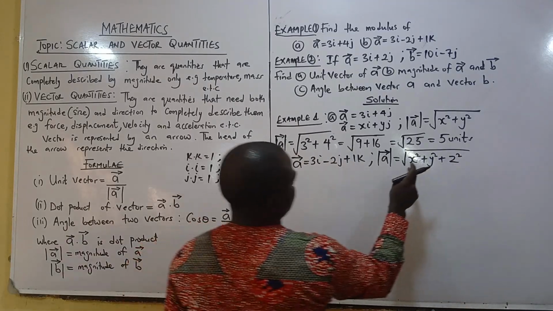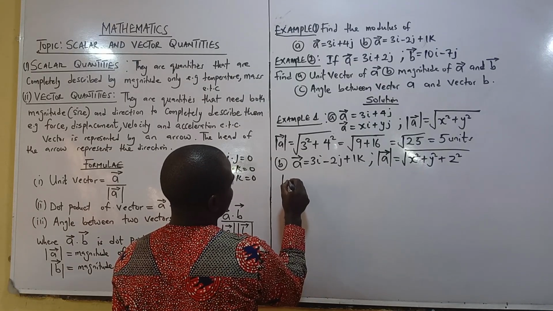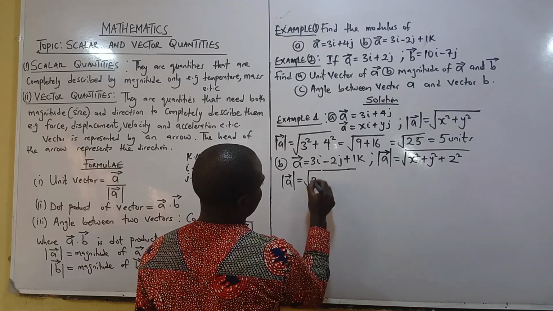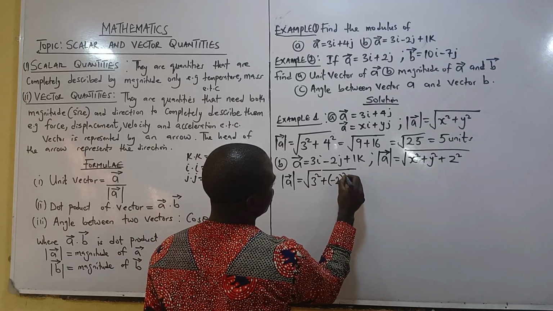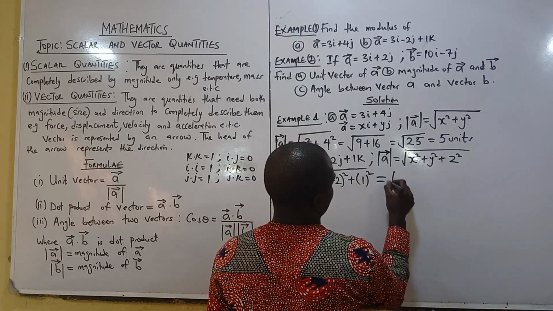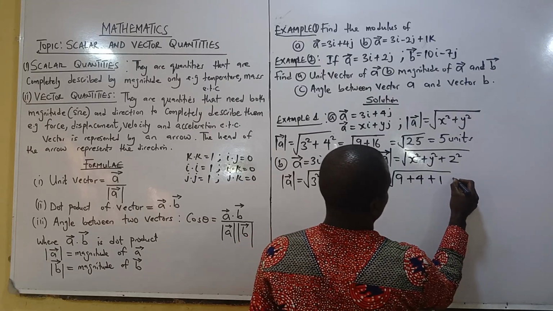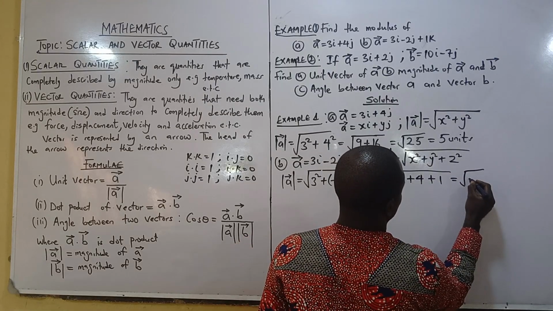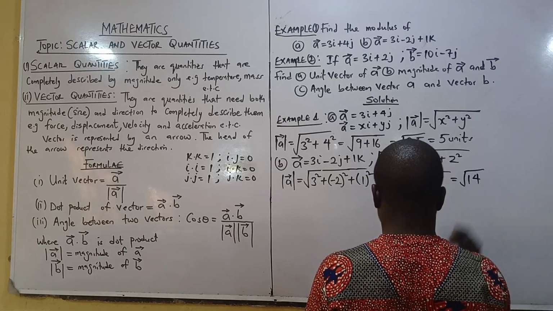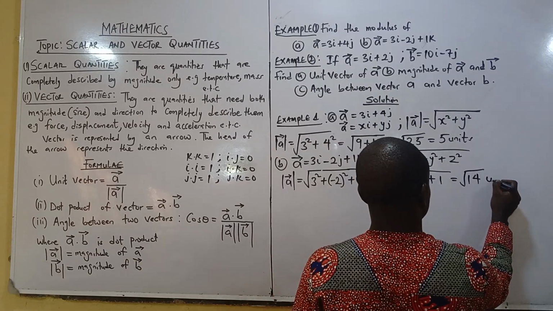Z stands for 1. Now the modulus of A is the square root of 3 squared plus minus 2 squared plus 1 squared. That is square root of 9 plus 4 plus 1, which is square root of 14 units.